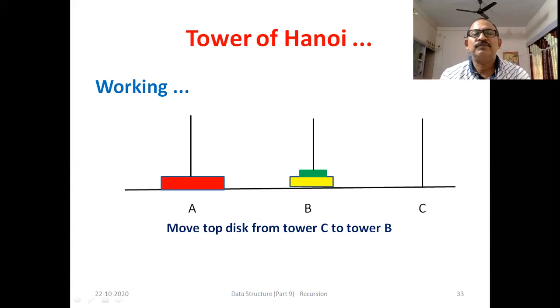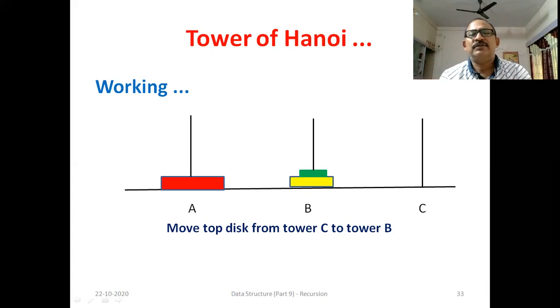First we move 2 discs from A to B. In the case of n discs, we move n minus 1 discs from A to B, keeping C as an intermediate tower.